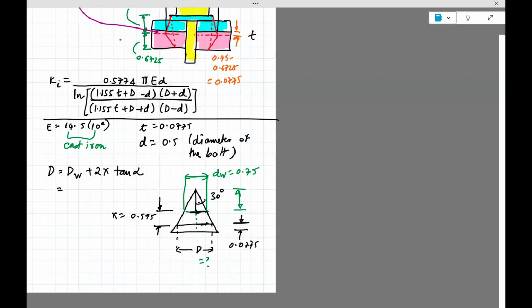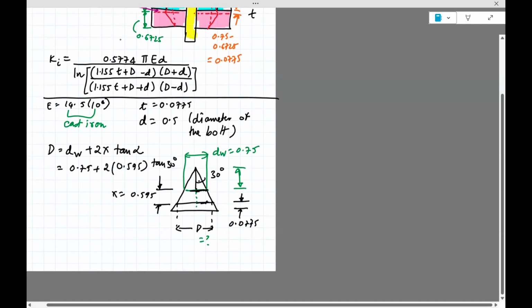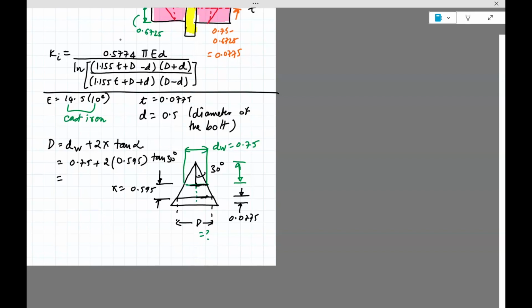So 0.75, I should make this small d for the diameter. X is 0.595, tan of 30 degrees. Okay, so with this, you get 1.437.